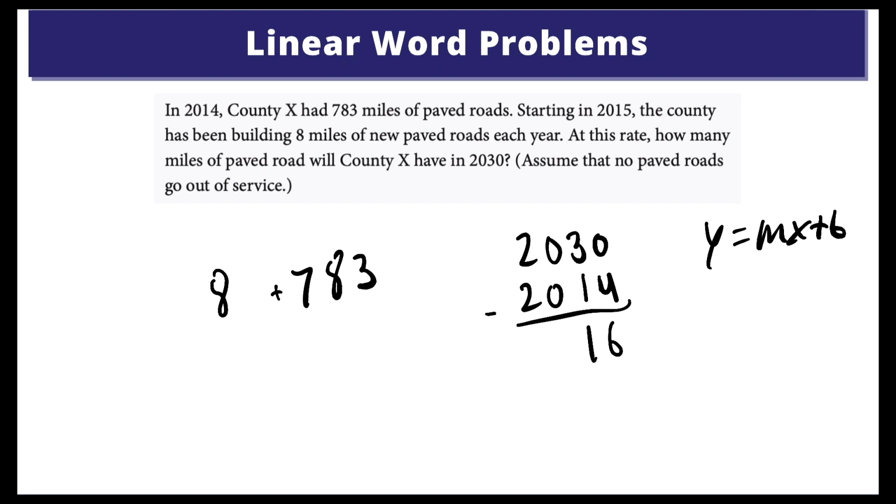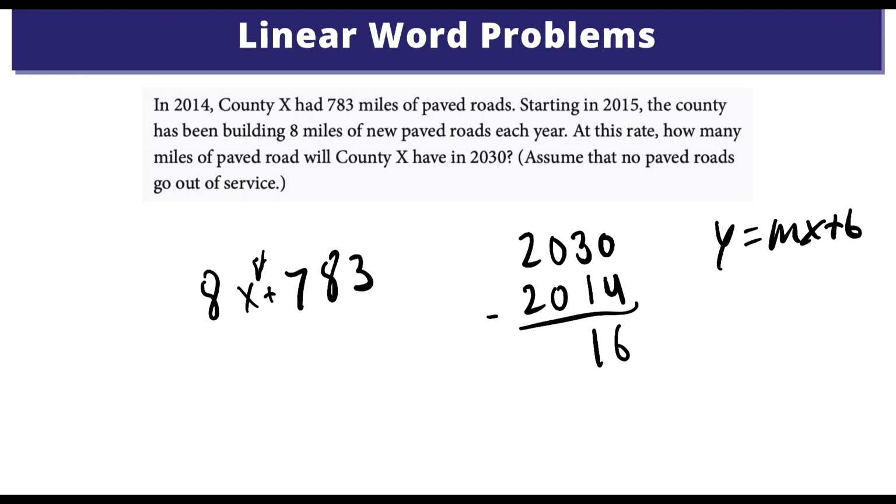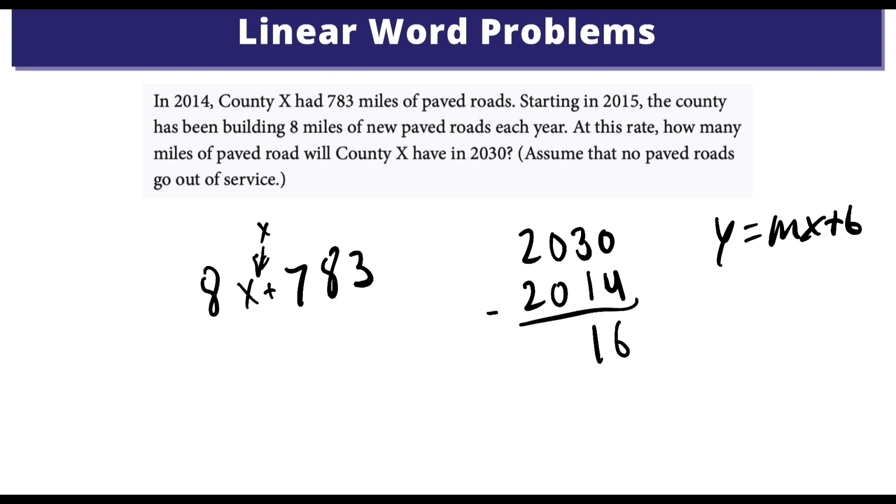So we write 8x, because that's 8 miles per year. And this is how many years there are, the x value. So that's what this x represents. Time in years, t in years.